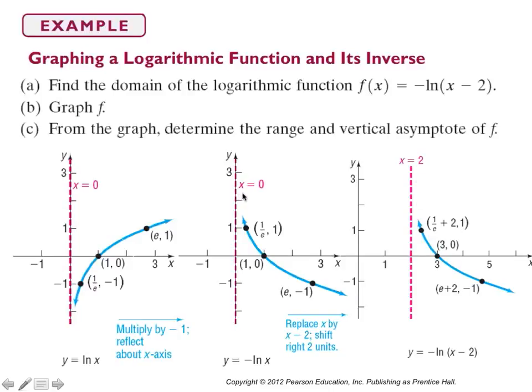Our asymptote used to be at x equals 0, it's now shifted over to x equals 2, so this reflects how our domain has changed as well. We thought our domain should be from 2 to infinity, not inclusive of 2. And that's what's going to happen. You're going to have a domain going from 2 all the way up to infinity, but you have an actual asymptote at 2, so you do not include the number 2.